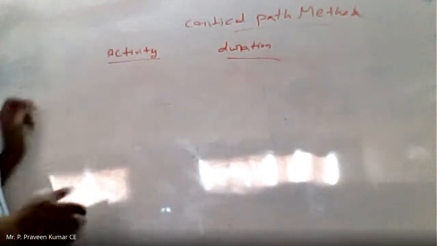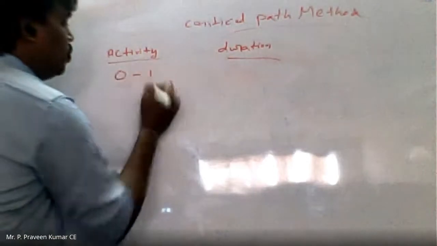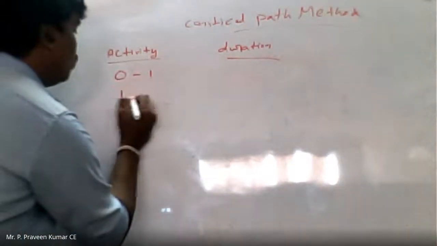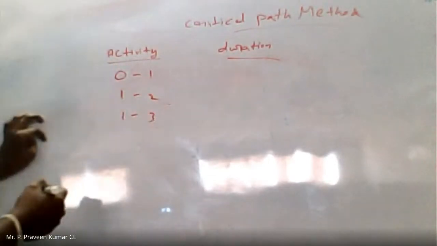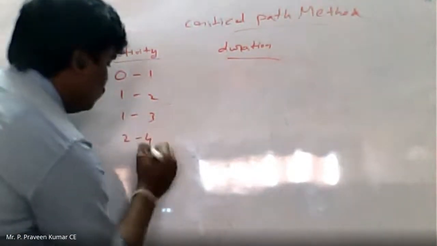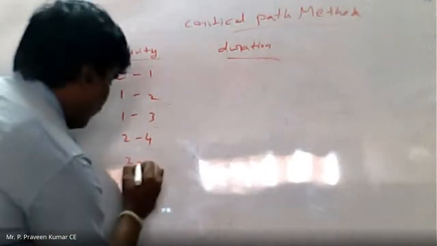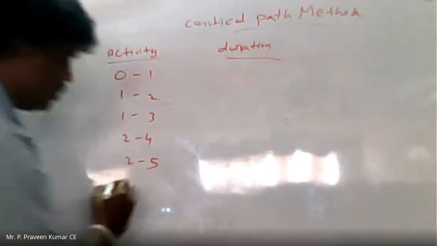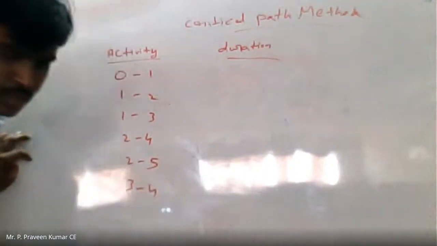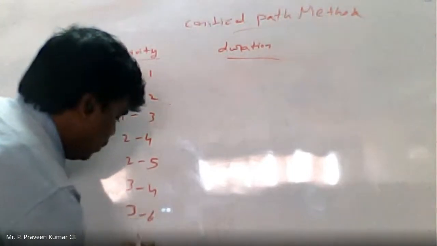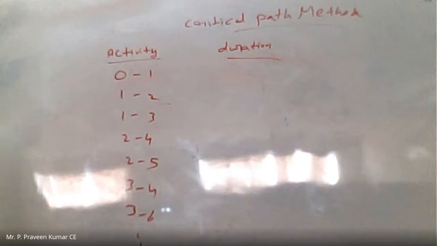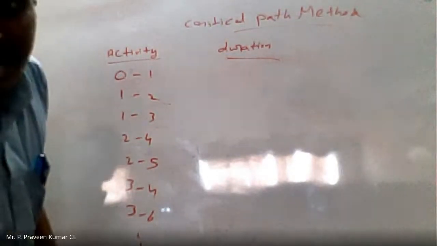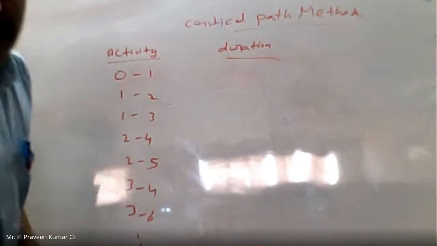The activities are 0 to 1, 1 to 2, 1 to 3, 2 to 4, 2 to 5, 3 to 4, 3 to 6, and so on. You can see the problem in the paper. No problem, you just observe the problem while I am discussing.